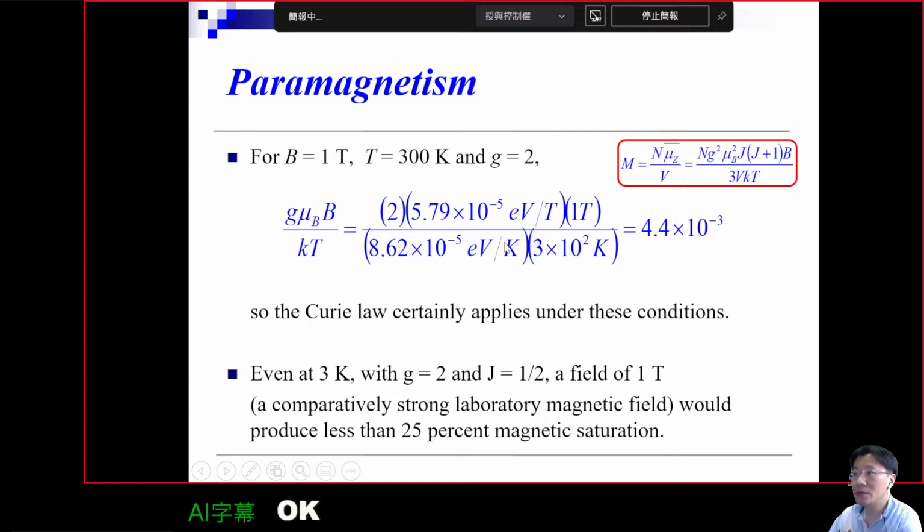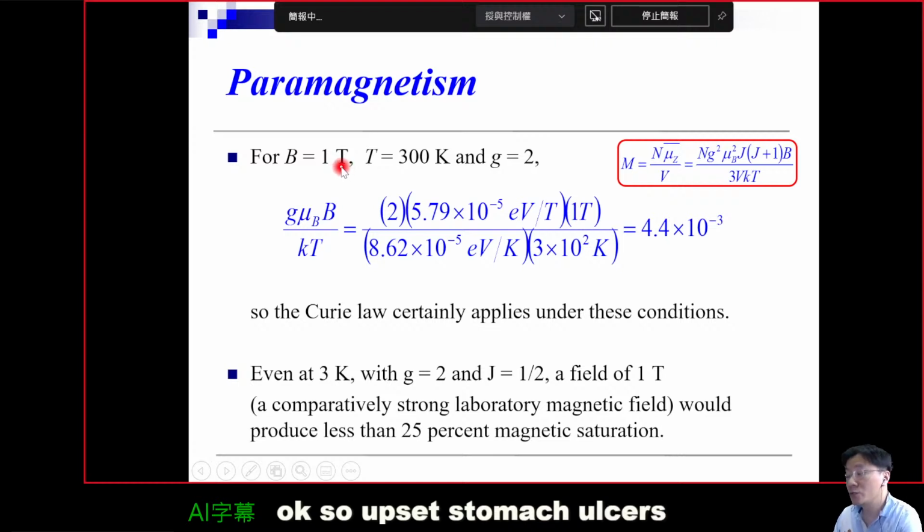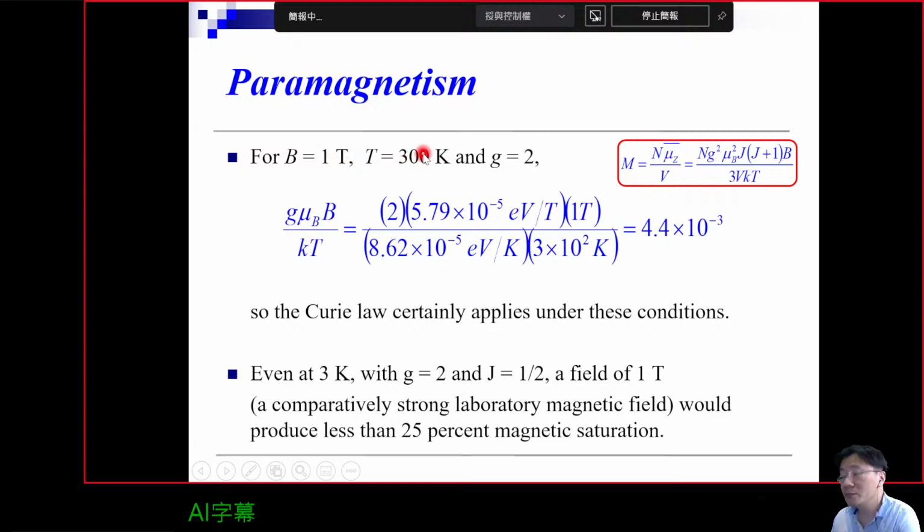Okay, I will repeat this slide again. For the typical case, if we have a 1 Tesla magnetic field, which is almost twice the strength of the magnet of neodymium iron boron, and we also put the sample at ambient temperature, which is 300 K, and the G value is equal to 2, then we will get the parameter g mu B B by kT is about 4.4 times 10 to the minus 3, which is a very small value.